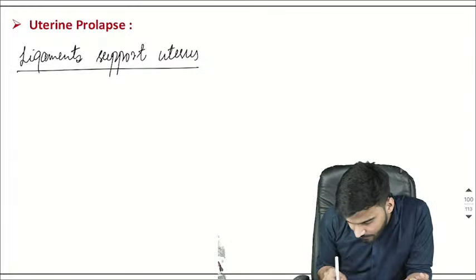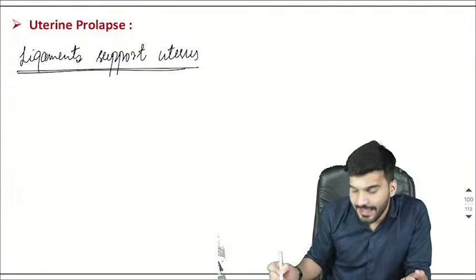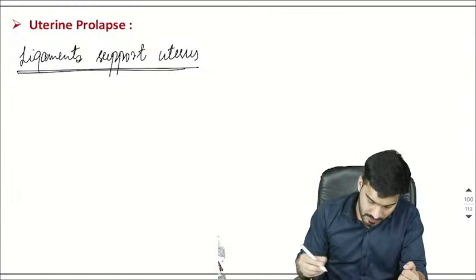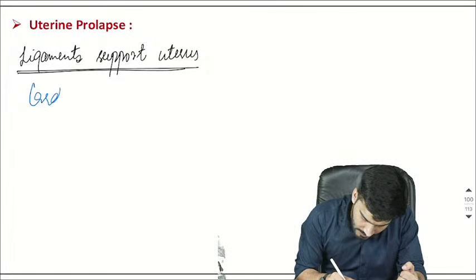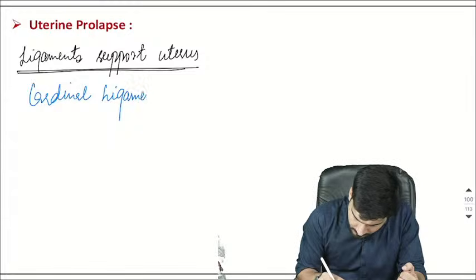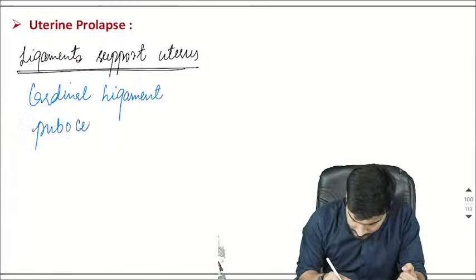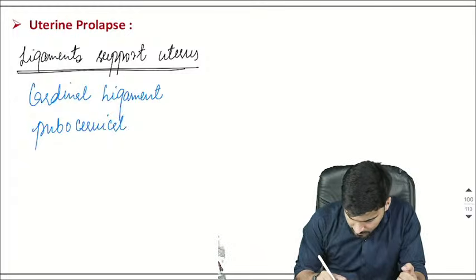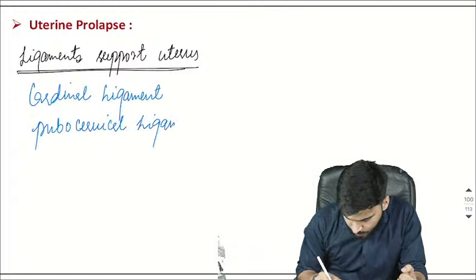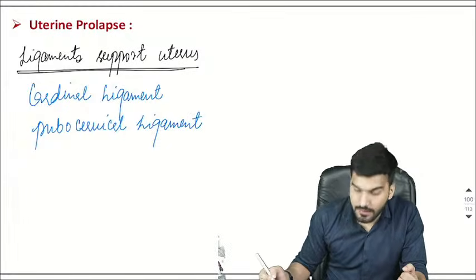So we have the important triradiate ligaments. And what are these ligaments? Number one, we have the cardinal ligament. We have the pubocervical ligament.